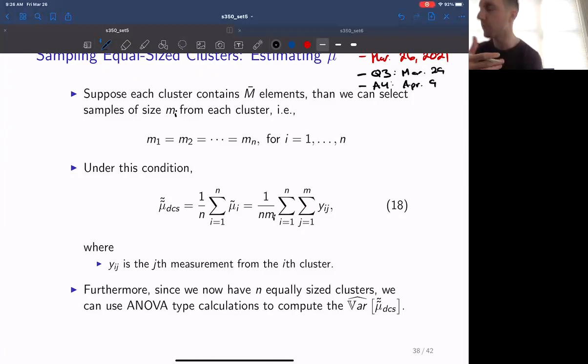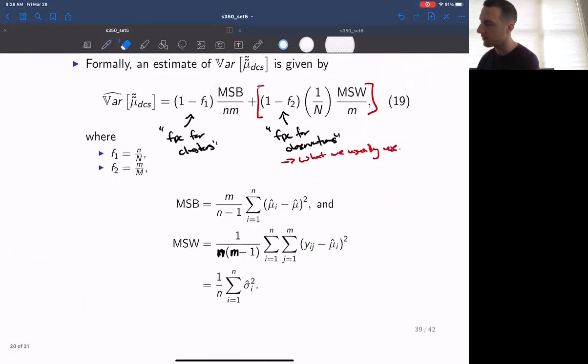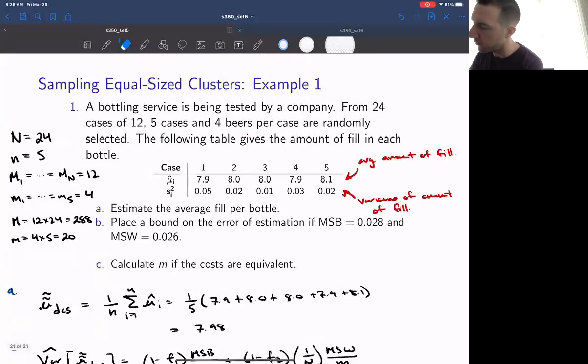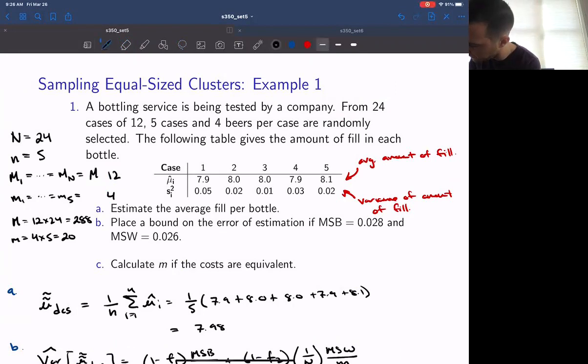Anyways, the point is that little m is supposed to represent the number of values per cluster. So in this case, it's supposed to be the number of bottles selected for each of the different cases, which would be 4. So I guess we'll just have to come up with a different notation for the total. That'll probably be easier than changing all this other stuff. So this value here is going to be capital M and this is going to be little m in this context.